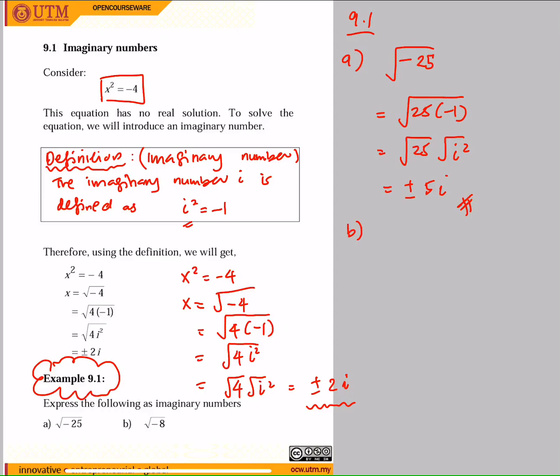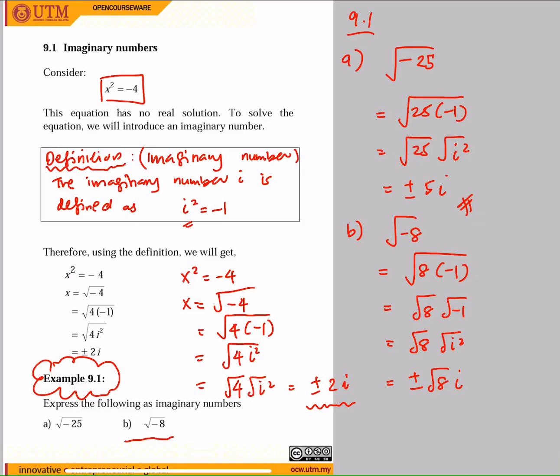How about the second one, part B, the square root of negative 8? We have 8, and we need to multiply with minus 1 as well, so it will be the square root of 8 times the square root of minus 1, which is i. So we can leave it as the square root of 8 i.